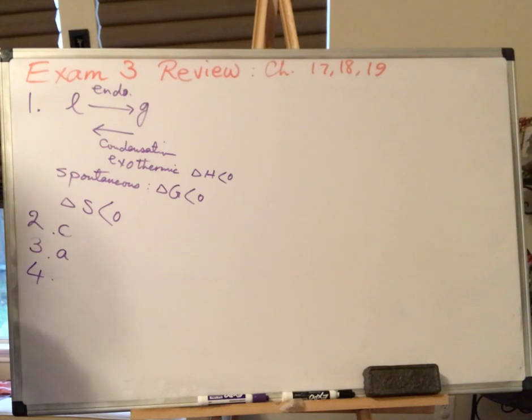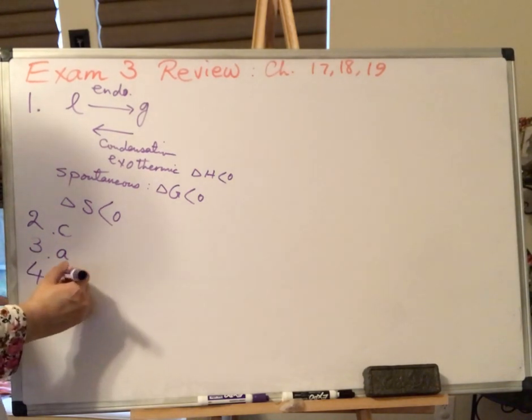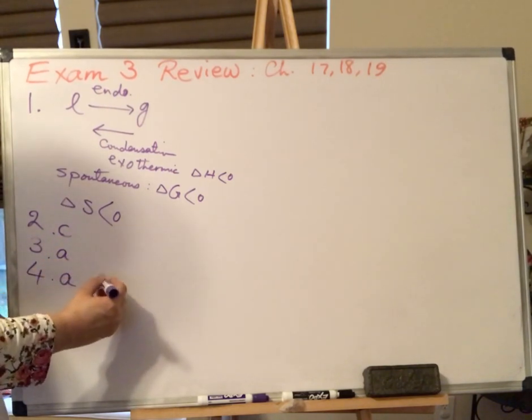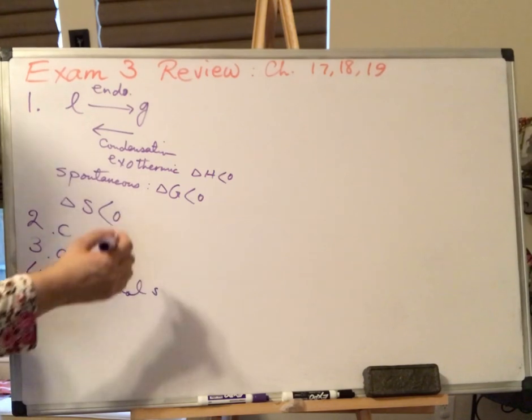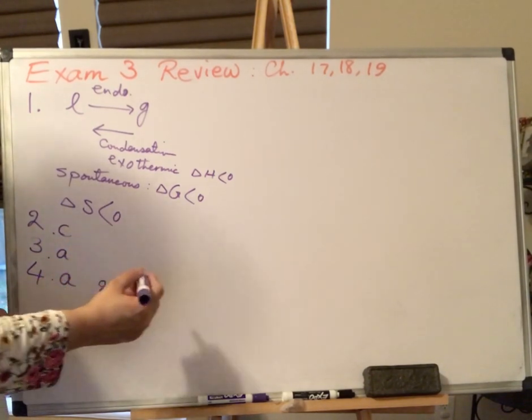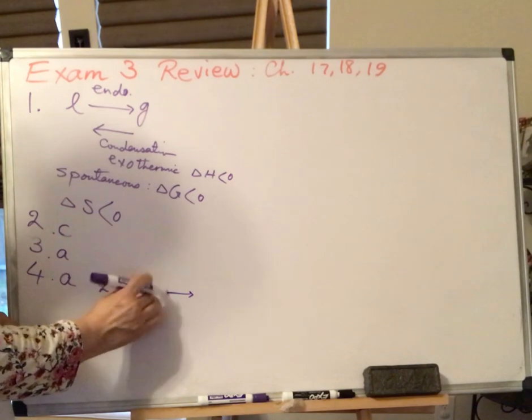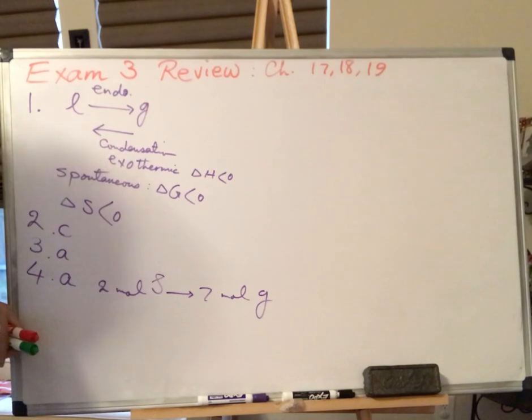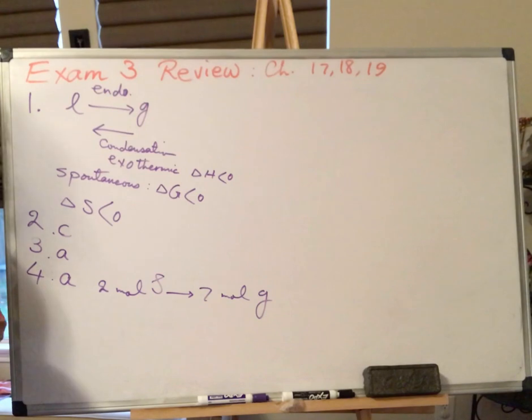For A, you have 2 moles of solid on the left side, but 7 moles of gas on the right side. So you're going from solid to gas, it has the most entropy change, and so delta S is the most positive.